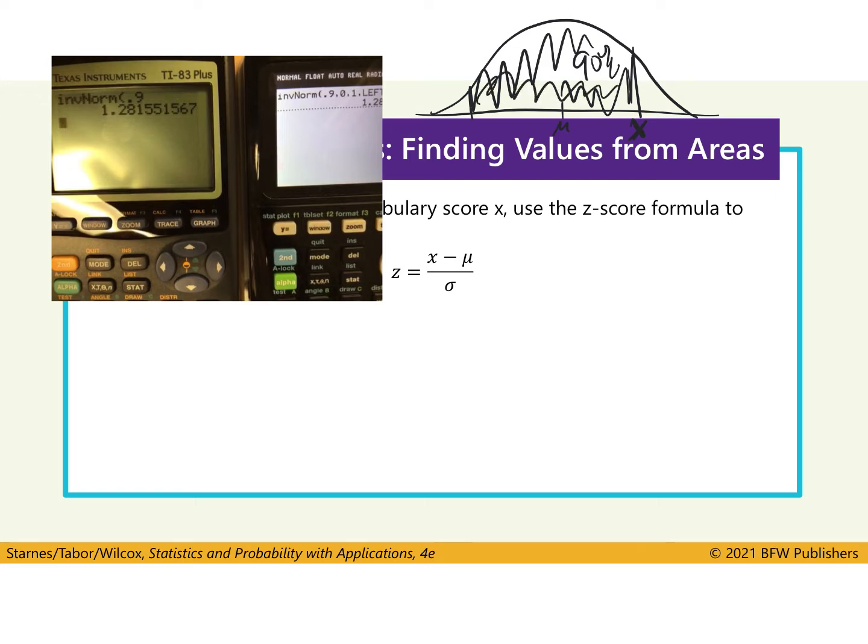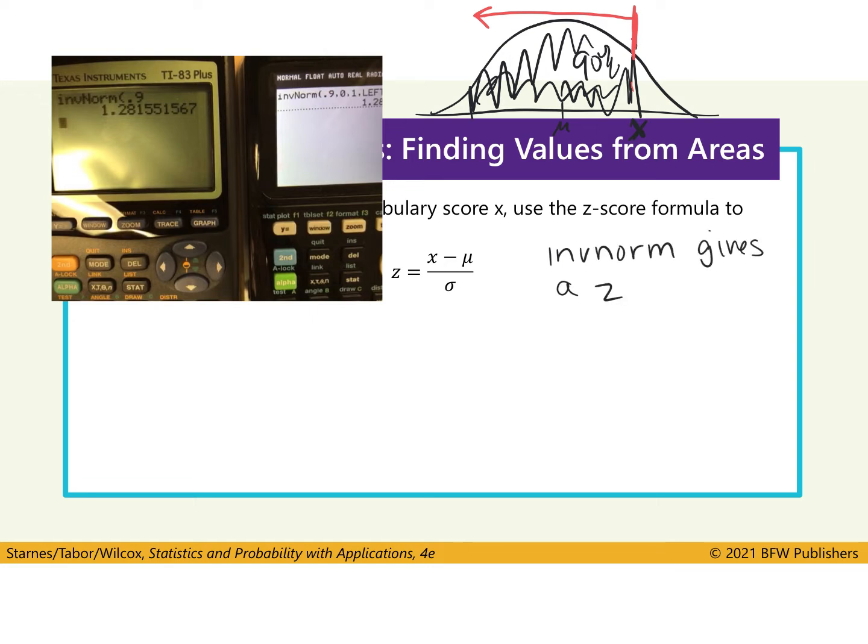The calculator only calculates from the x value you give it and below. So you have to give it the percentage below the x value you're interested in. That's going to change for some of the questions and how we find out what to plug into the calculator for that.